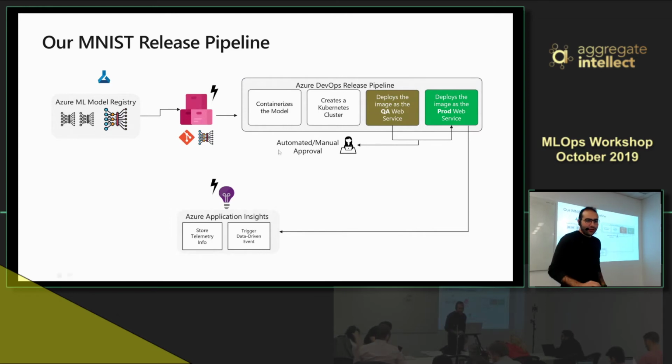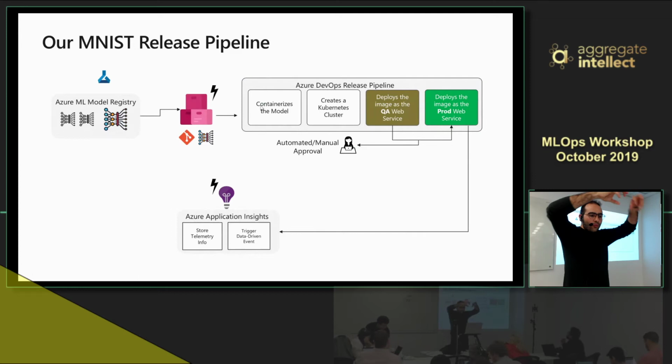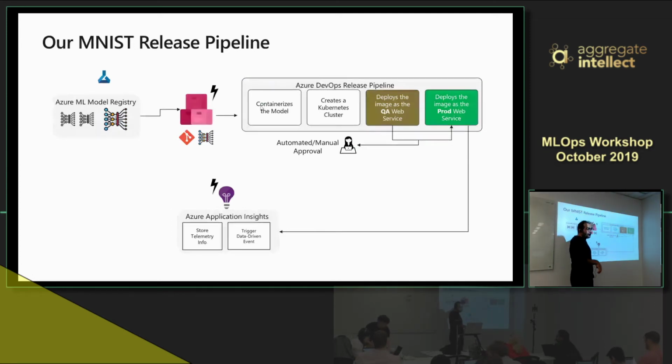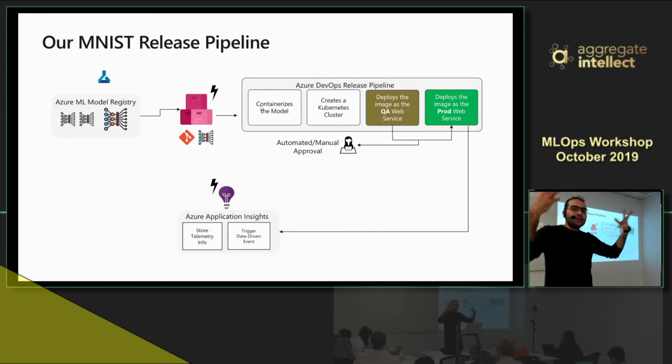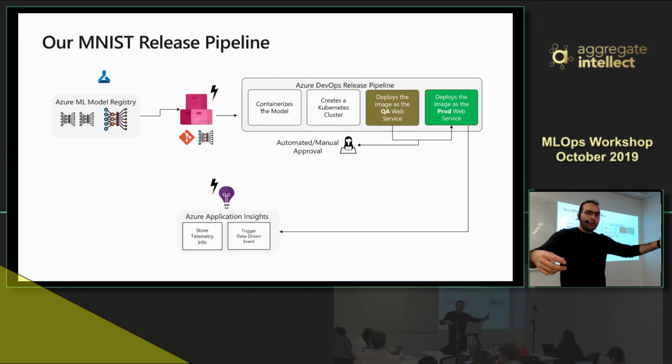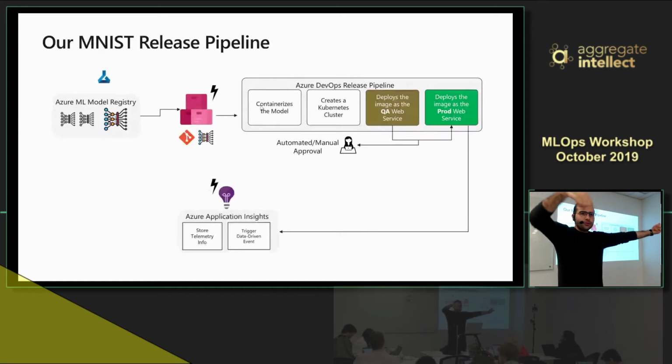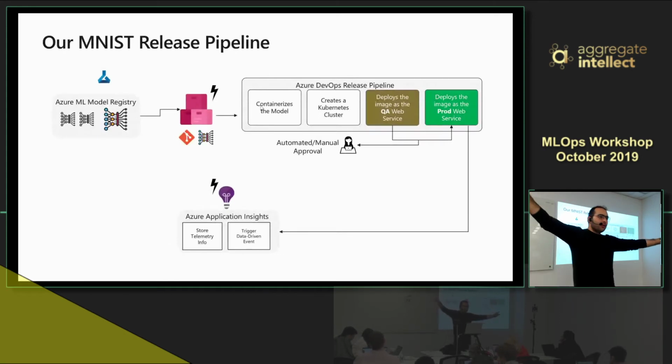Awesome. So now again, going back to our MNIST release pipeline, after these artifacts are introduced, based on the model, we want to kick off a new pipeline, which first containerizes the model, creates a Kubernetes cluster if this is not already created, and then deploys the containerized model into the QA, and if it is successful, it will deploy it within the prod.